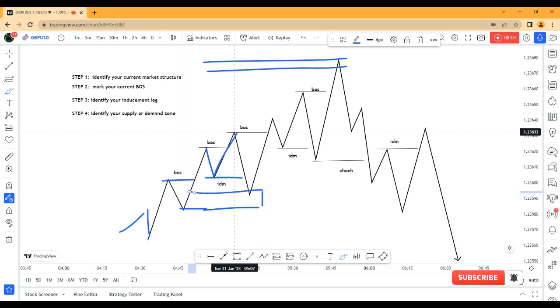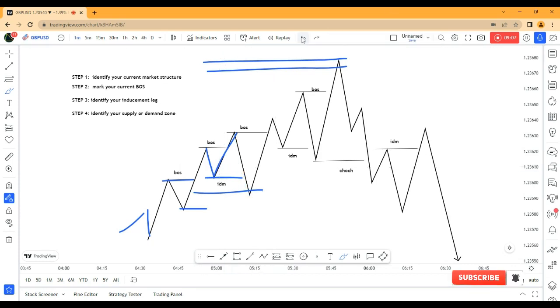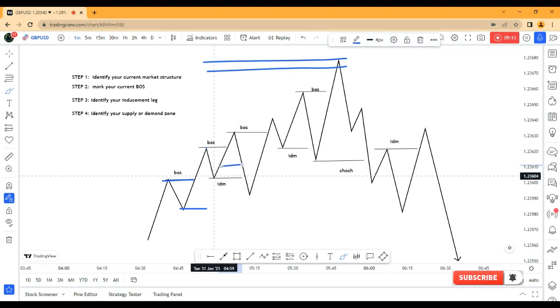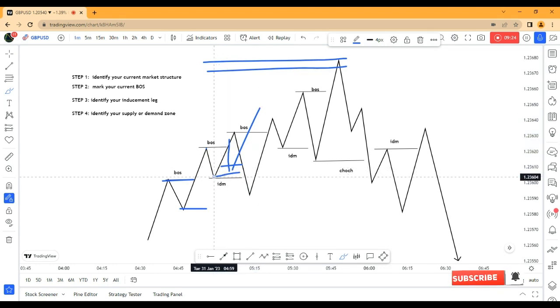You now wait for price to come down and tap into your demand zone, and then price will clear this inducement leg. But many traders always use this particular leg here to take their entrance, hence they will be used as liquidity. They anticipate price to come and tap in here and move to the upside, but they will be used as liquidity.